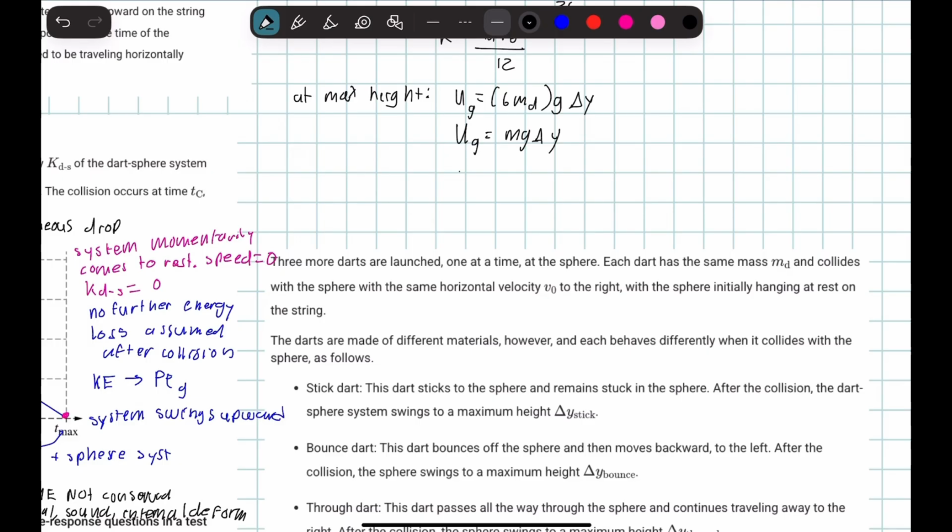Now we can use the conservation of mechanical energy. So we have md v initial squared over 12 is equal to 6md g delta y.